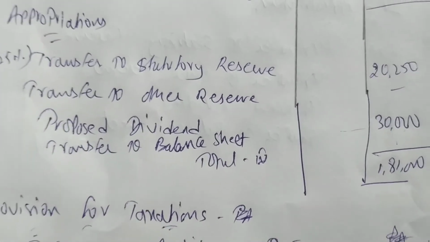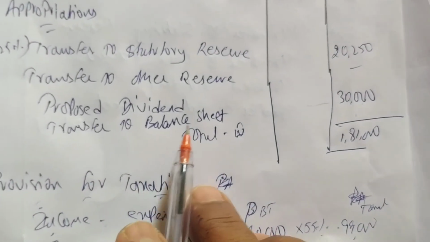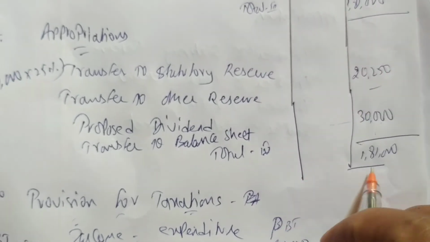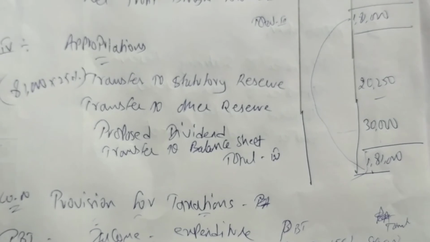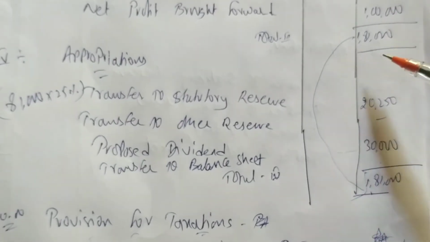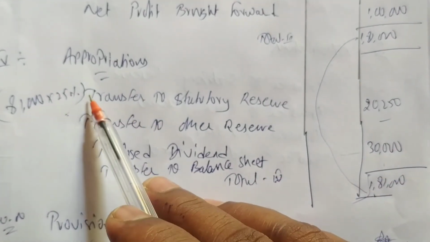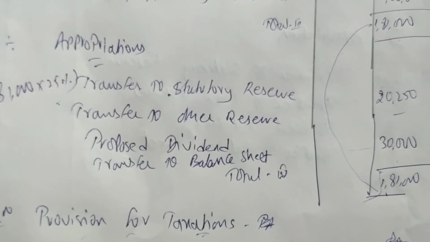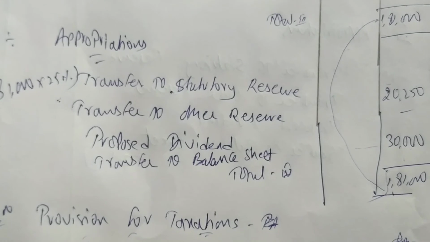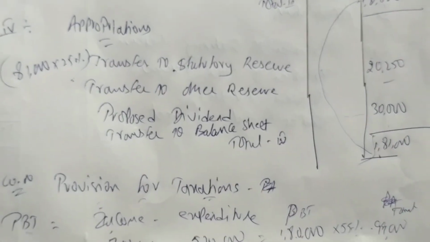So we have written 1,81,000 same. See, total 3, again you have to write in total 4. Always you have to do like this. So from 1,81,000 we have transferred 20,250 to statutory reserve, plus 30,000. So you deduct from 1,81,000, you get 1,30,750.